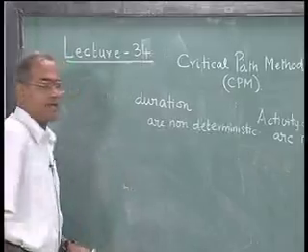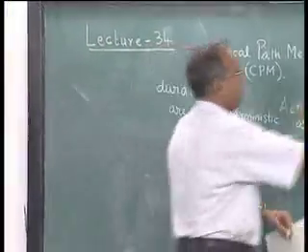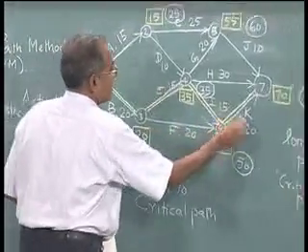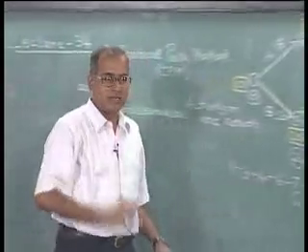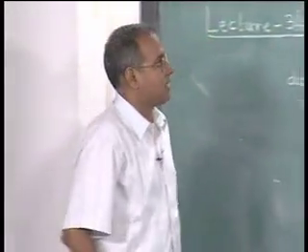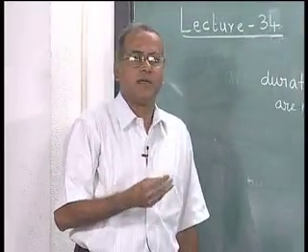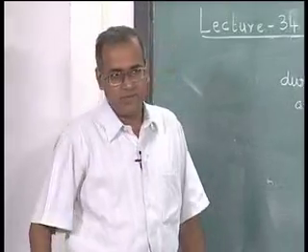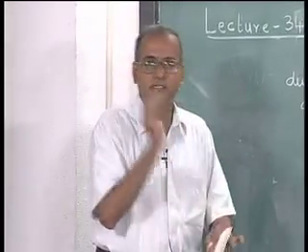Now, when we did the critical path, we assumed that these durations are known and deterministic. Now, there could be situations where these cannot be estimated accurately. So, they will follow certain distributions.